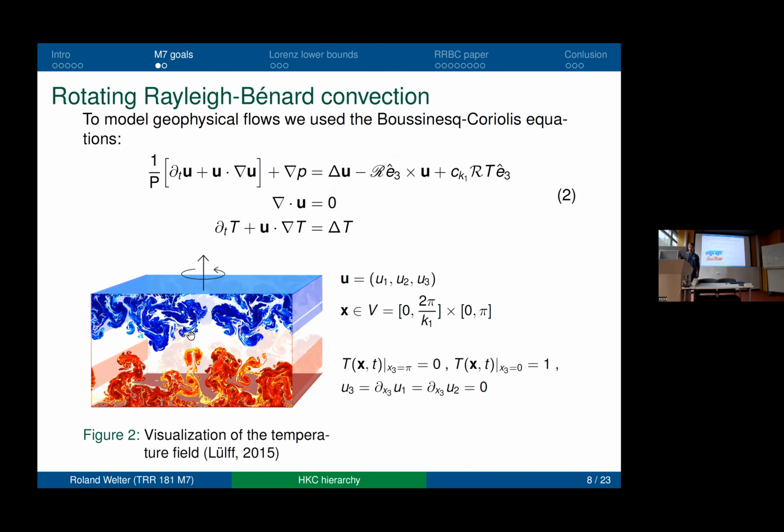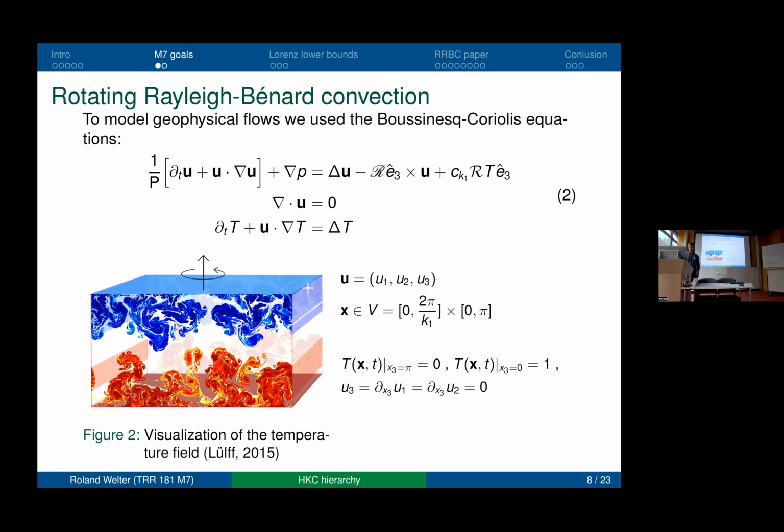In fact, the M7 was interested not just in this standard Rayleigh-Bénard model, but actually a rotating Rayleigh-Bénard model, where we've added a Coriolis force, moving into three dimensions. But one restriction that we have going on here is that although we're in three dimensions, we want to keep the nice properties of two-dimensional flows.